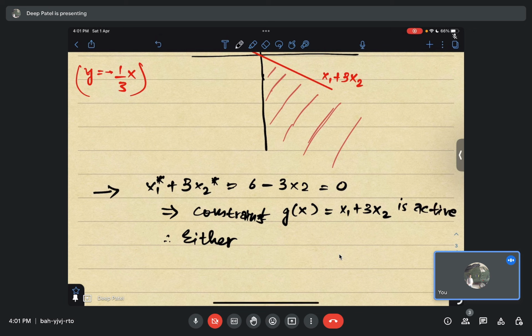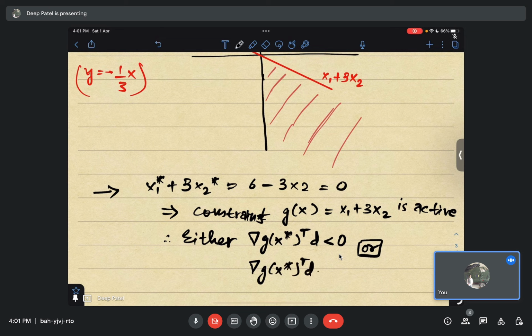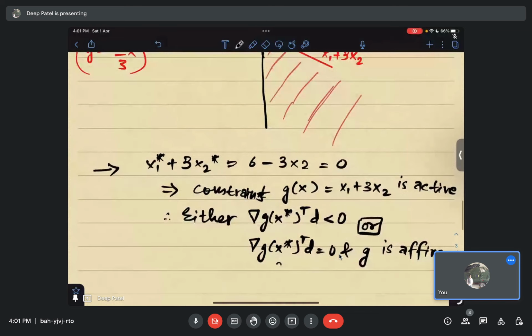Okay, so that means either the gradient of g(x*) transpose d is less than 0, or the gradient of g(x*) transpose d equals 0 and g is affine, for some d.